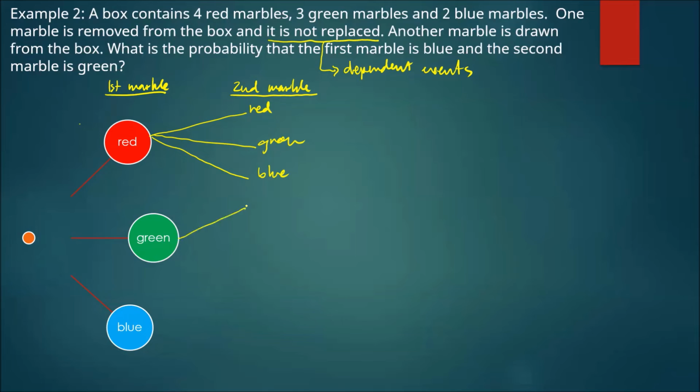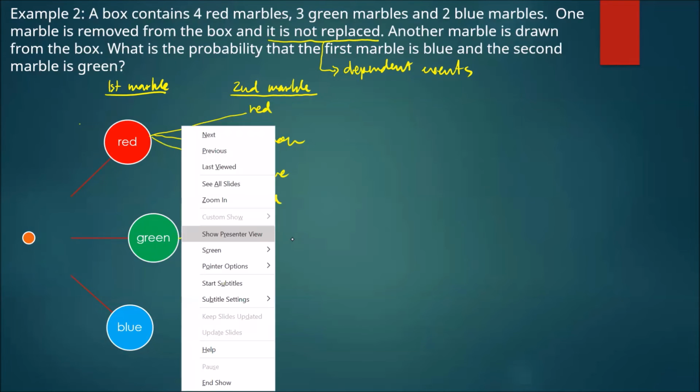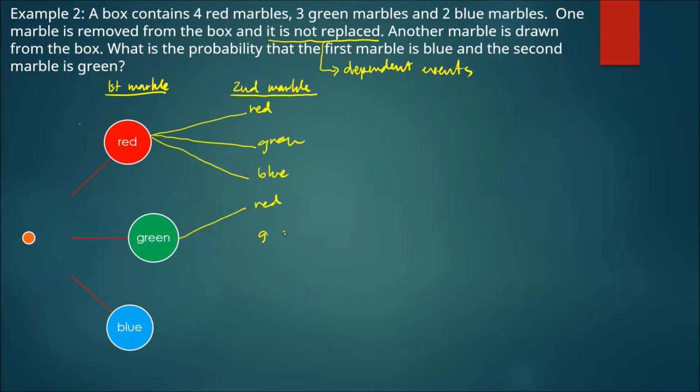If our first marble is green, it's possible to get a red, it's also possible that our second marble would also be green, because there are 3 green marbles in the bag, and it's also possible that we get a blue marble.